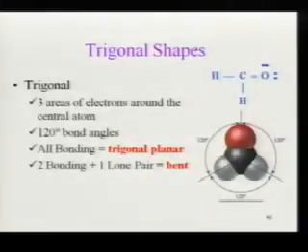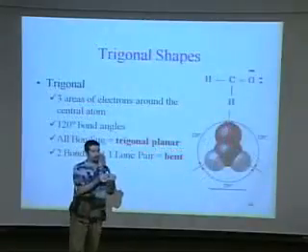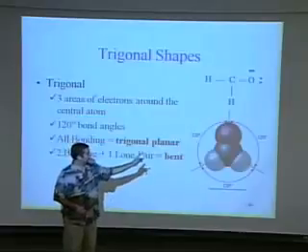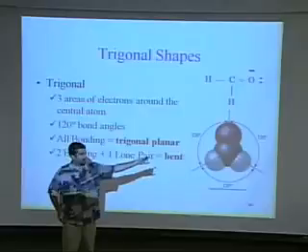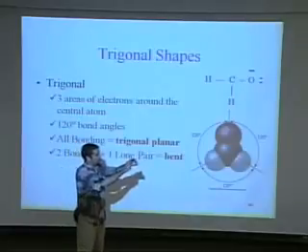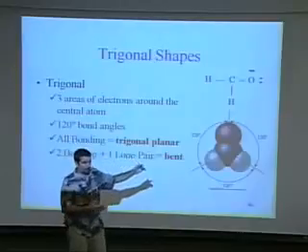Now, here's where it gets a little bit tricky. I want you to think about this and follow me, and we'll end on this. If I have this situation, so pay attention because it's going to get a little tricky. If I have this situation like this, an atom in the middle, three things around it, and all three of these repelling each other.